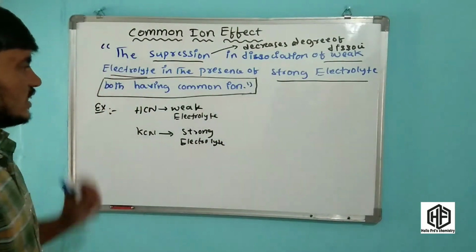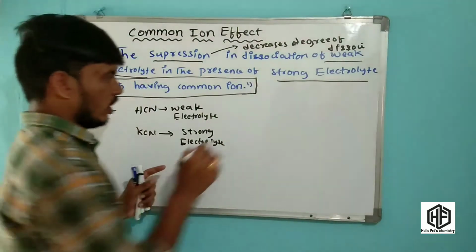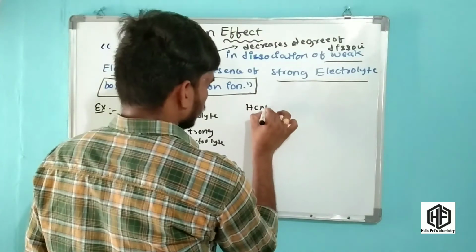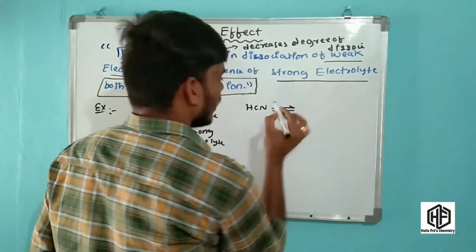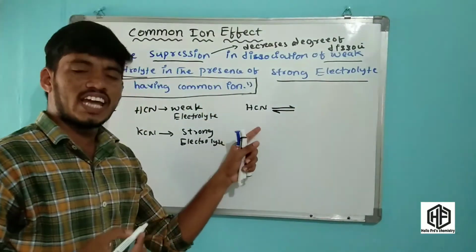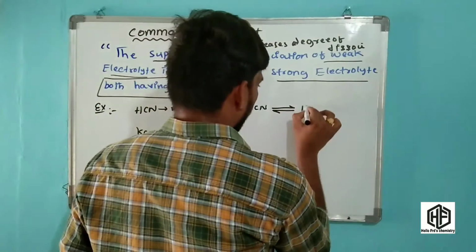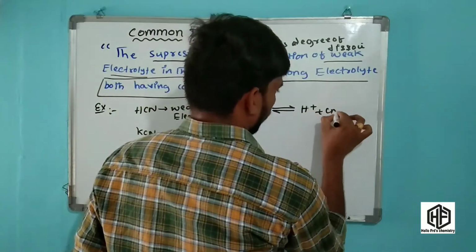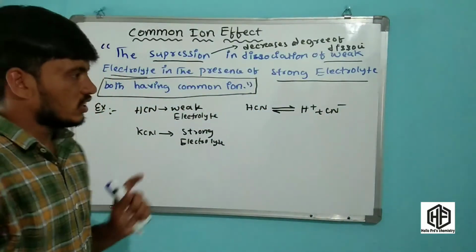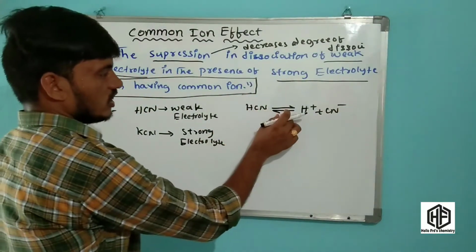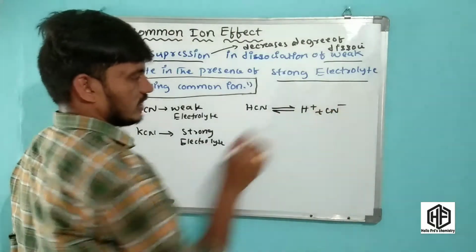Now, friends, HCN is a weak electrolyte, which is partially dissociated to form H plus and CN minus ions.